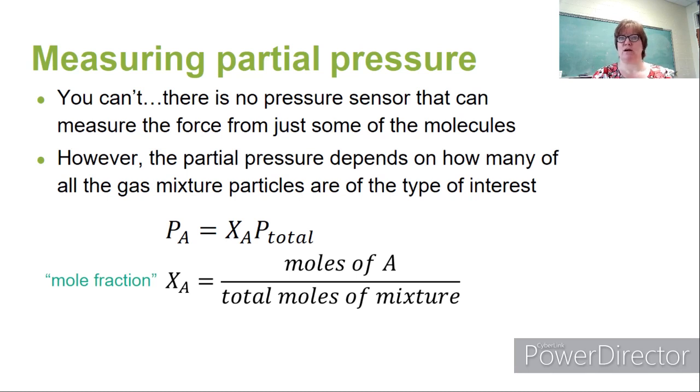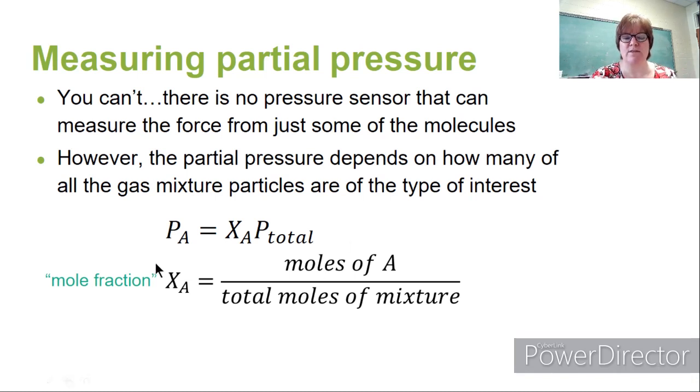Did that pressure come from a red molecule or a blue molecule, a gas water molecule or a carbon dioxide molecule? But we do know that the total number of collisions, since they all collide at the same rate, will be proportional to how much of the total is that mixture component.